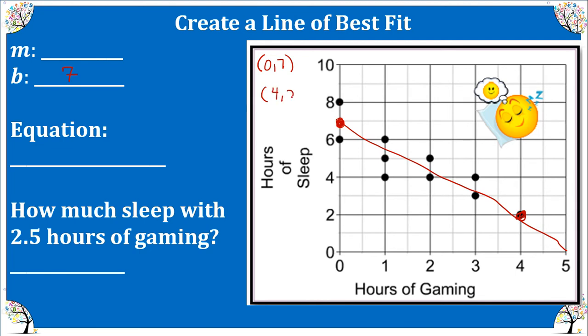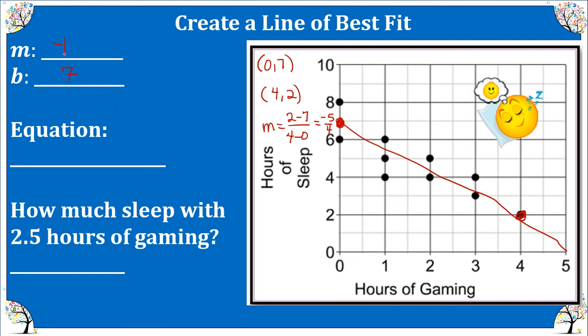And again, we may have different values, but we definitely need to make sure we show that we have a negative trend. And so my slope is going to be y2 minus y1 over x2 minus x1. And this is going to give us negative 5 over 4. I am just going to go ahead and calculate that as a decimal, but absolutely you can leave it as a fraction.